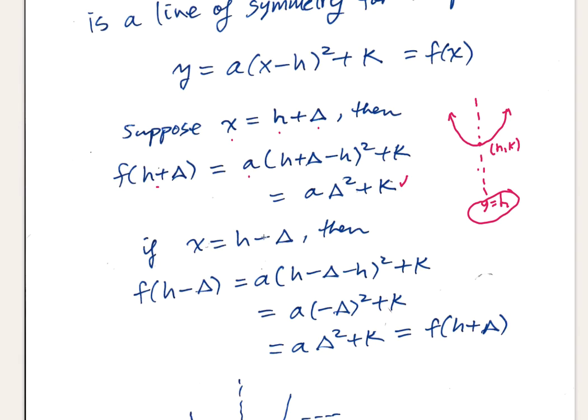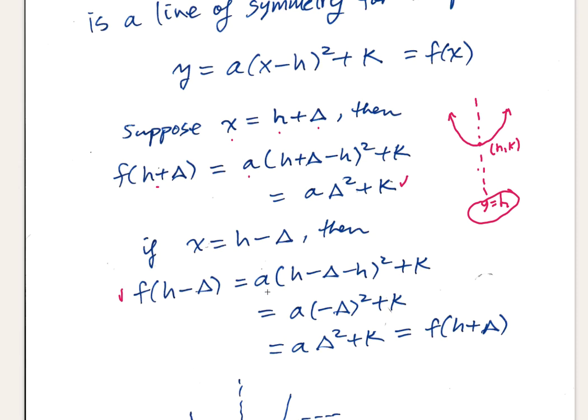However, if I go in the opposite direction, suppose that x is equal to h minus delta, whatever delta is, positive or negative, you can see what I've done here. I'm going in the opposite direction from h, but just as far in absolute value. What would be the function evaluated at h minus delta?